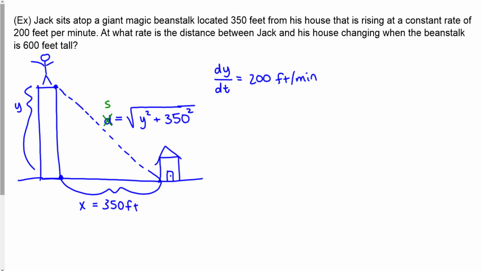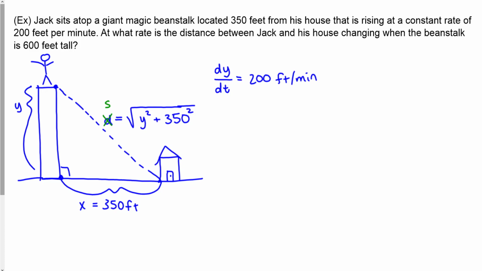Now the beanstalk is at a right angle, and that's good because we're assuming it's at a right angle at least. And that's good because we can use the Pythagorean theorem at that point. So let's take a look at how we can get started in this and start plugging in information and going from there.